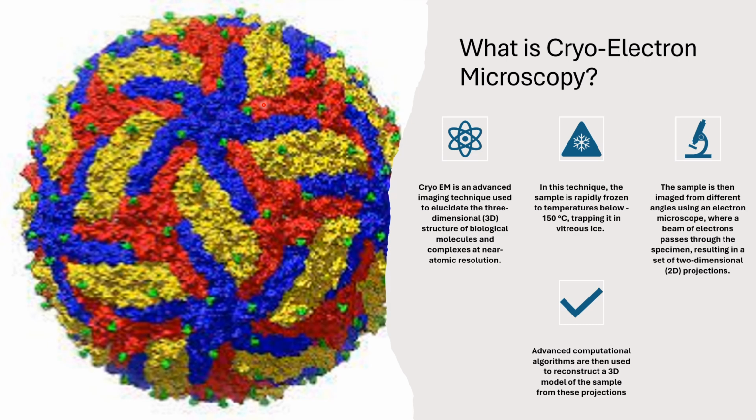The sample is then imaged from different angles using an electron microscope where a beam of electrons passes through the specimen, resulting in a set of two-dimensional projections. Advanced computational algorithms are then used to reconstruct a 3D model of the sample from these projections.